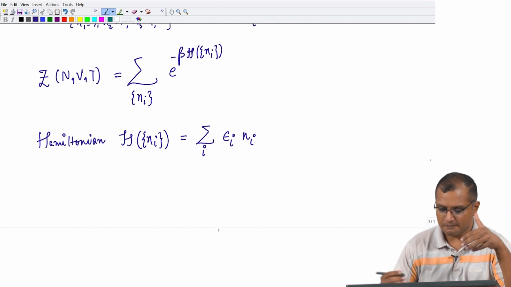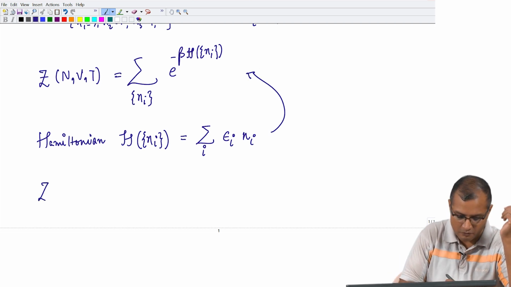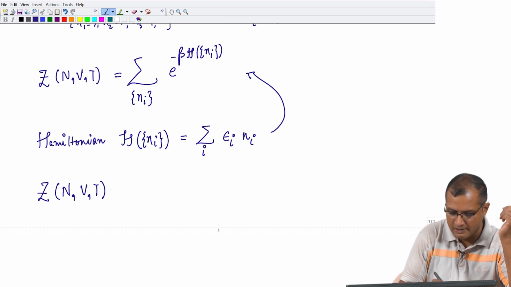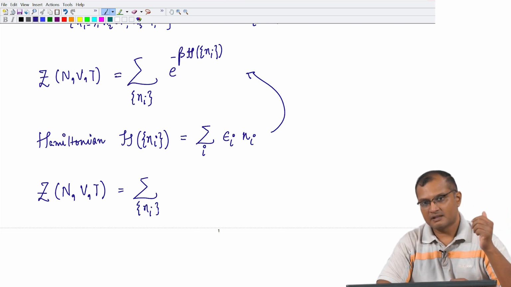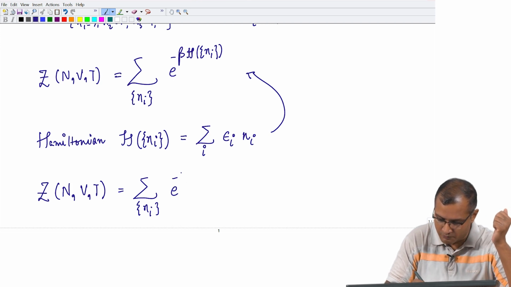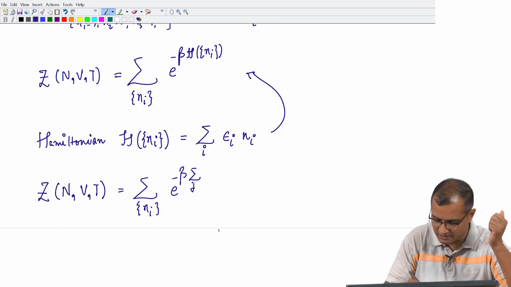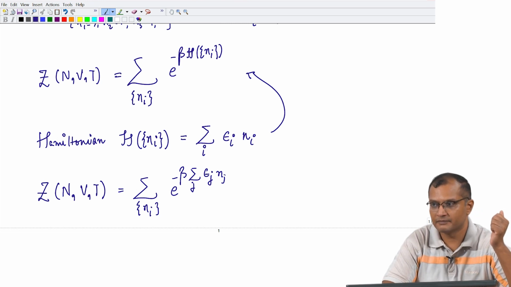Alright. So, let us plug this value here, and now I can write down my canonical partition function as summation over all possible sets of ni's into my Boltzmann factor, that is I am going to change the label here to Nj, fine.